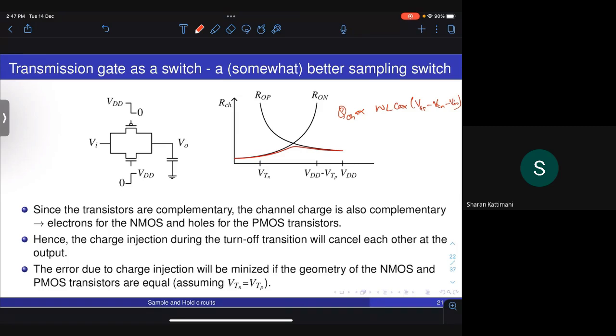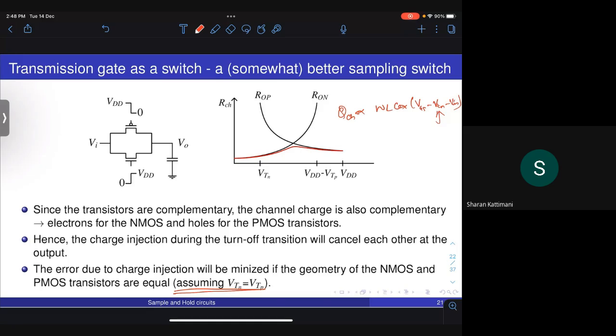The other thing is the error due to charge injection will be minimized if the geometry is the same and VTN is equal to VTP, because the NMOS will have the channel charge proportional to VGS minus VTN minus Vn, and in case of the P channel, this term would be VGS minus VTP minus Vn, right?